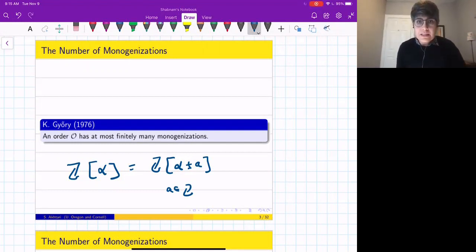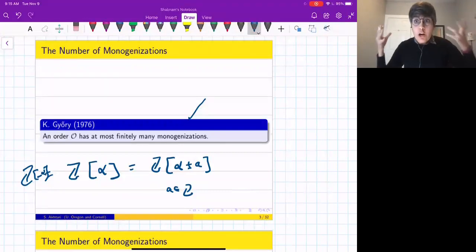So in that sense, we are talking about non-trivial monogenizers, and two monogenizers are the same if their difference or addition, even Z[negative alpha], would be the same. Their difference or addition is an integer. But other than that, if they are not essentially the same thing, we are counting them as different.